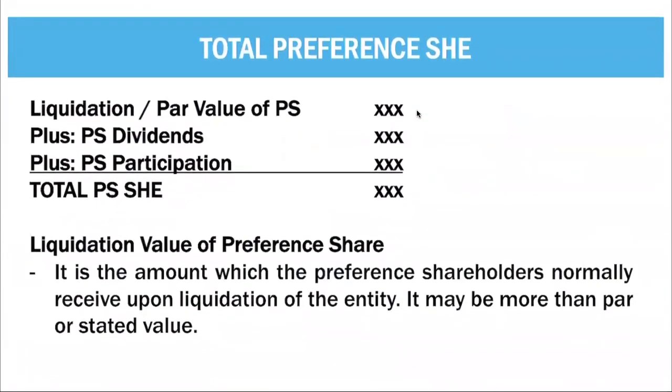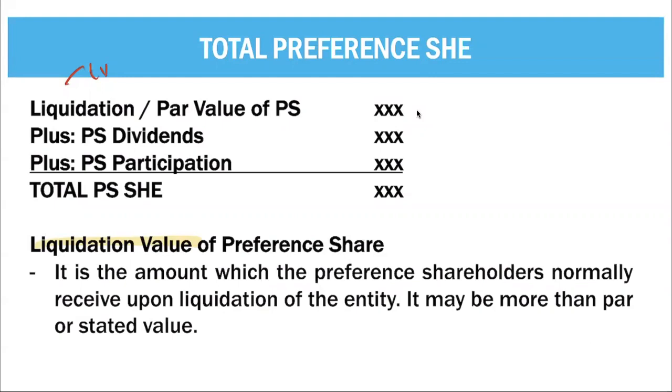Total preference SHE is equal to your liquidation or par value of PS. So you can have your liquidation value. So what is that liquidation value? Liquidation value is the amount which the preference shares normally receive upon liquidation of the entity. It may be more than par or stated value. So if there is a liquidation value, you add it here.